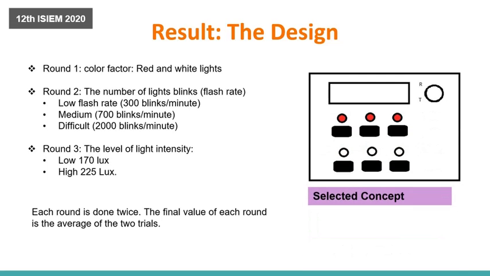Here is the selected concept. It is very simple, and consists of 6 buttons. It is the stimulus. It can change the color and the length and then the intensity of the lamp. And it is the button.